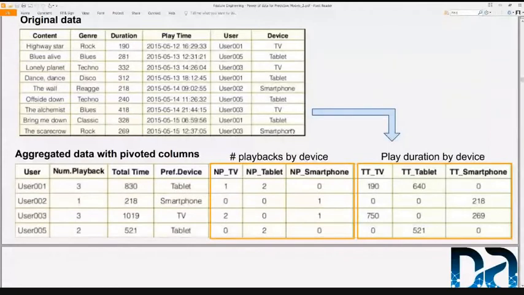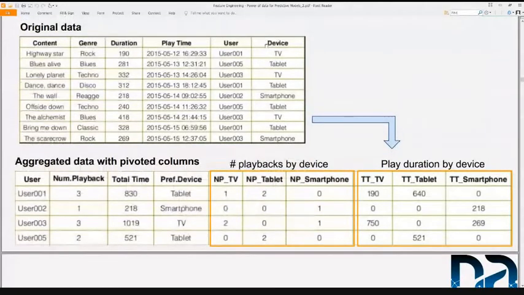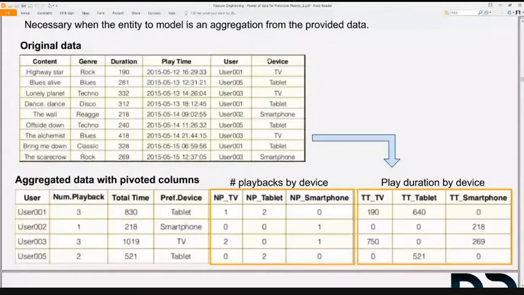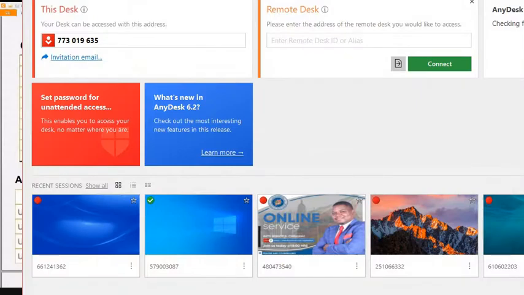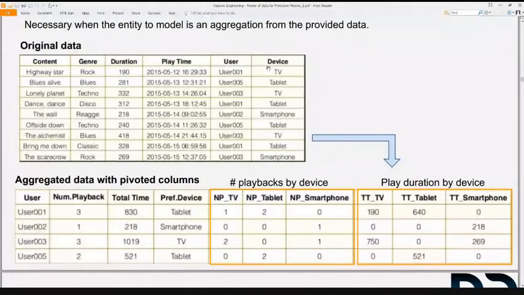Sometimes the particular feature I want to create is on a column that's already aggregated. For instance, in this data set, we already have device, right? I want to find out, on average, how long does one play, the playbacks one does on a tablet and playbacks on a smartphone.